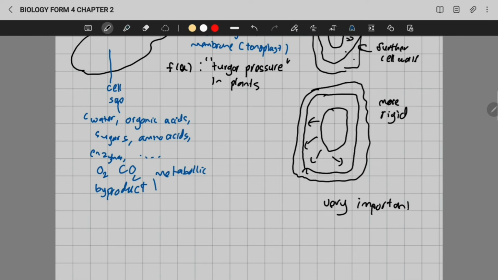This is a support system for the plant, because they need to stand so that they can maximize their photosynthesis. I think you already know about photosynthesis, the process of converting light energy into chemical energy that will be used by the plant to carry out their life processes. So that's one of the functions.